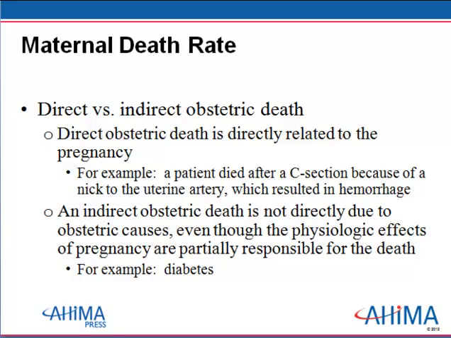An indirect OB death is not directly due to OB causes, even though the physiologic effects of pregnancy are partially responsible for the death. For example, diabetes. A pregnant woman can have complications of the diabetes that are aggravated by pregnancy, but the cause of death is diabetes, not pregnancy.